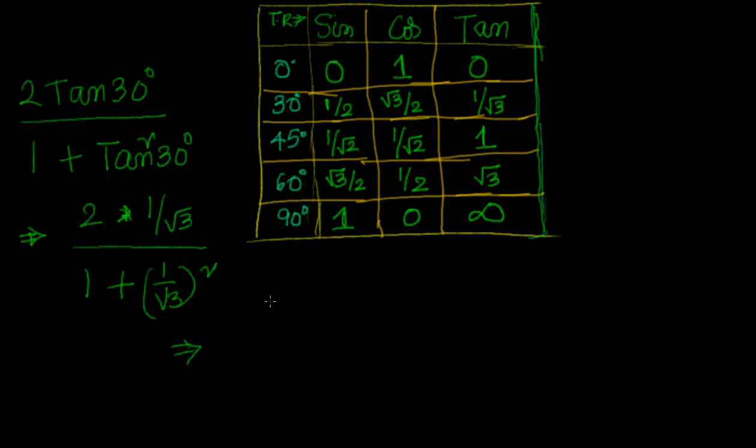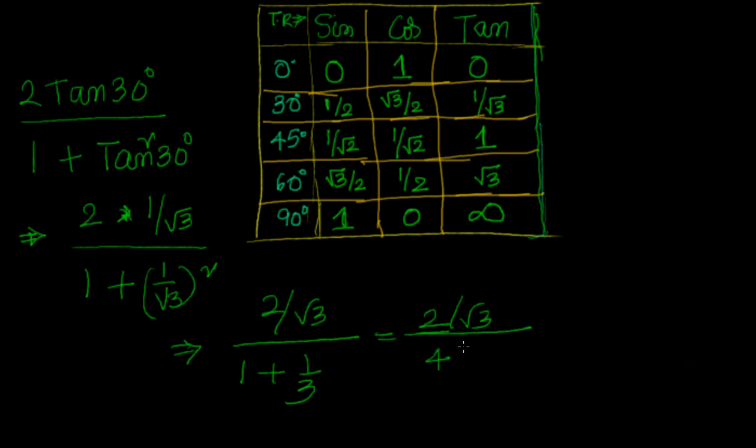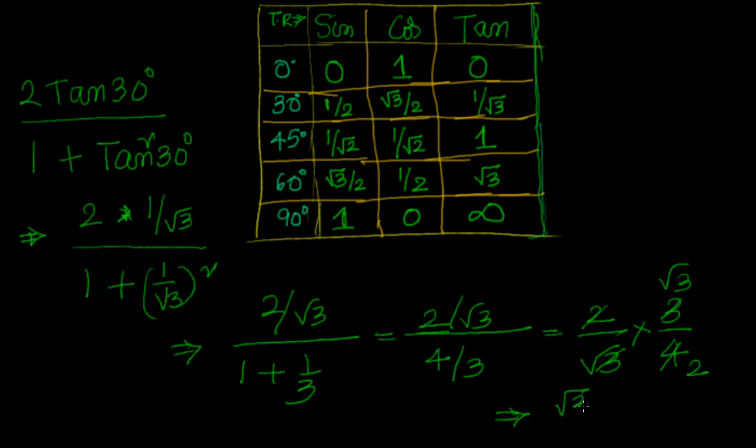That is nothing but 2 by root 3 by 1 plus 1 by 3. That is 2 by root 3 divided by 4 by 3, which equals 2 by root 3 into 3 by 4. I can cancel root 3, and this becomes 2, so this becomes root 3 by 2.